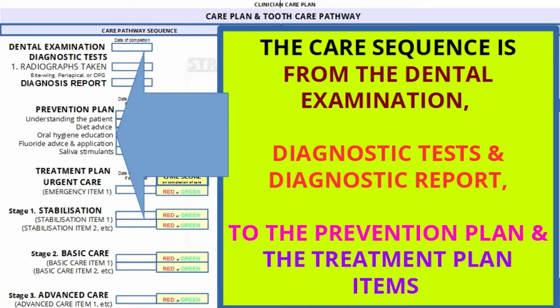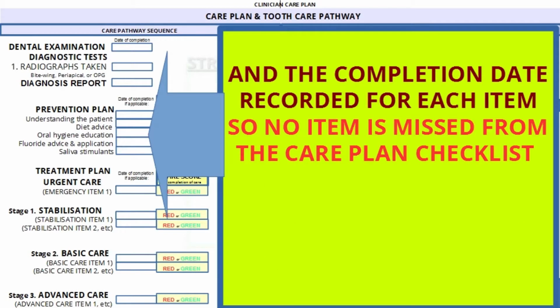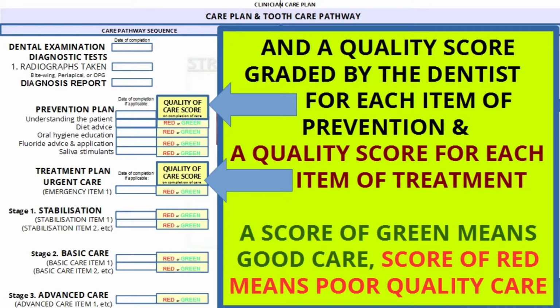This includes a care sequence, starting from the dental examination, diagnostic tests and diagnostic report, to the prevention plan, and the treatment plan items. And the completion date is recorded for each item, so no item is missed from the care plan checklist. And a quality score, graded by the dentist, for each item of prevention.